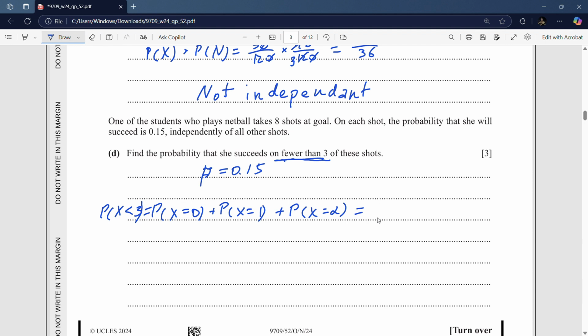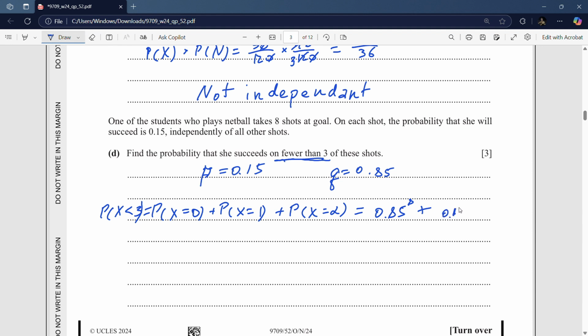So in the first case we have 8 failures. The probability of success is 0.15 and q is 0.85. So it's 0.85 raised to the power 8. And we add. In this case, there's only one success.